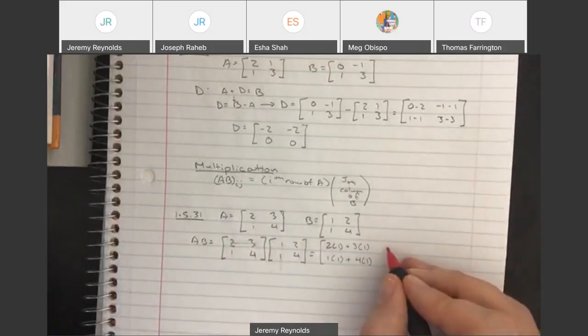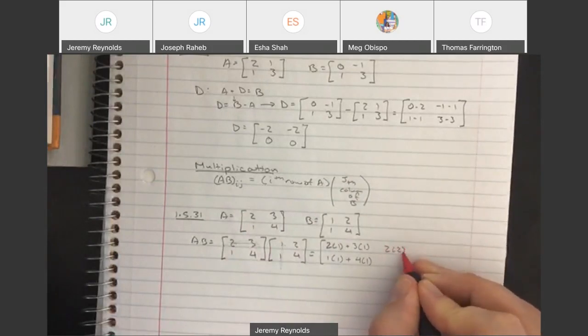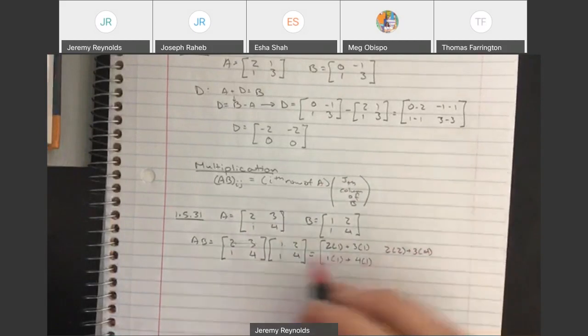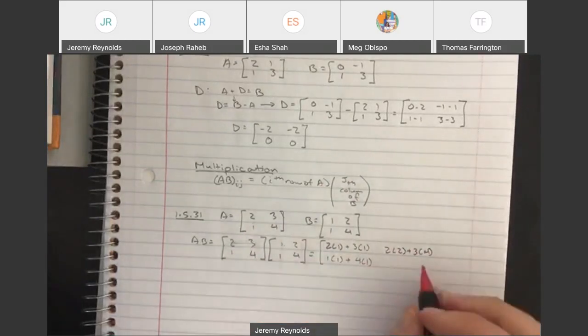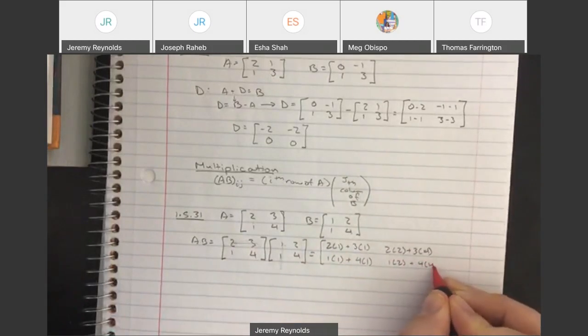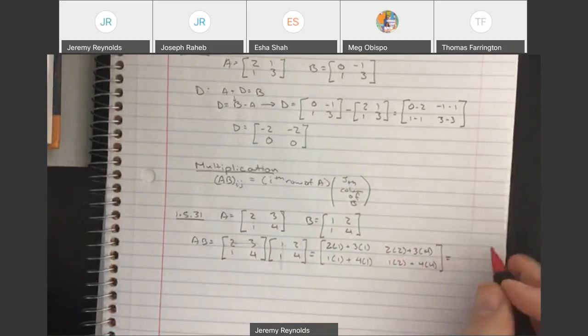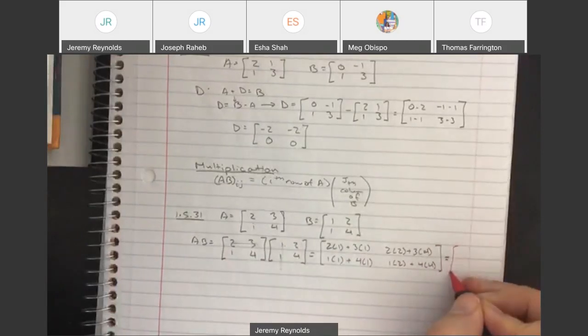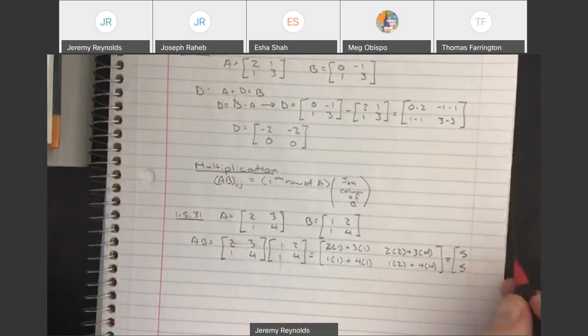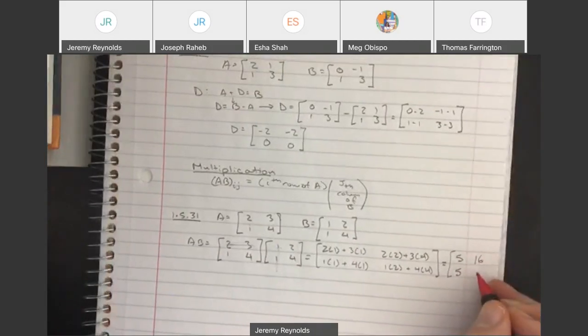So the 1, 2 position will be 2 times 2 plus 3 times 4. And similarly, we're going to have 1 times 2 plus 4 times 4. And if you do all this addition, we'll just get 5, 5, 16, and 18.